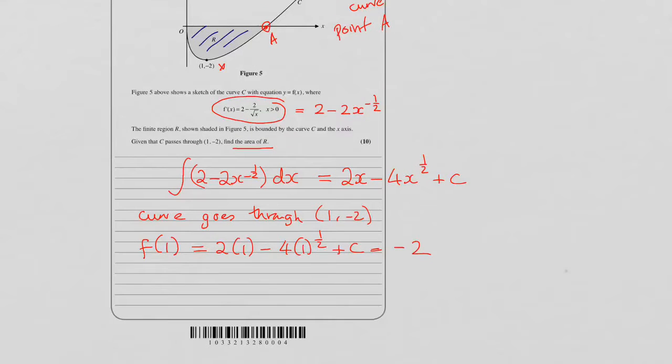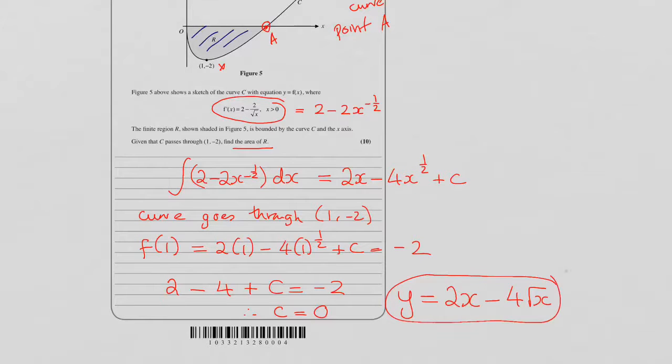So 2 minus 4 plus c equals minus 2. Right, well, for that to work, c must be 0. So the equation of our curve is y equals 2x minus 4 root x.